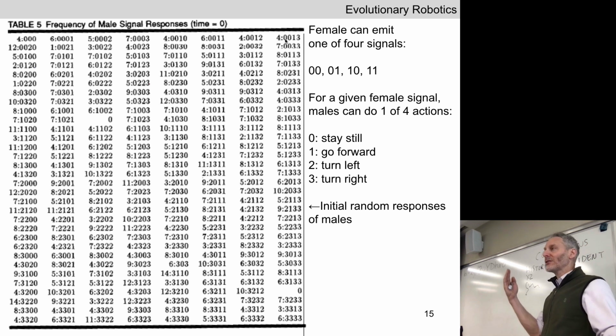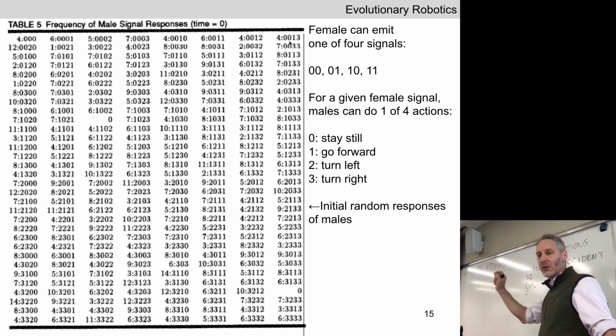So it turns out that there were a few males that whenever they heard the first of the 4 songs, the song 00, did 0, which is stay still. When males heard the second song, 01, the males did 0 also, which is go forward.